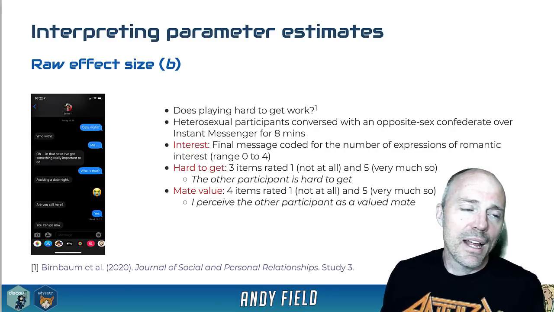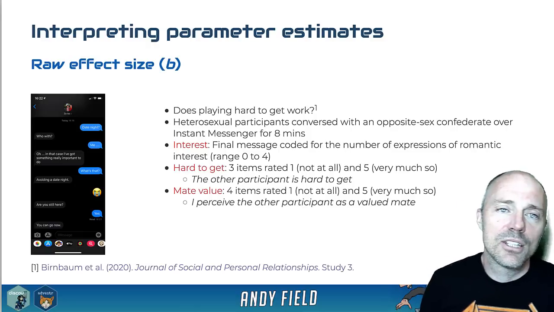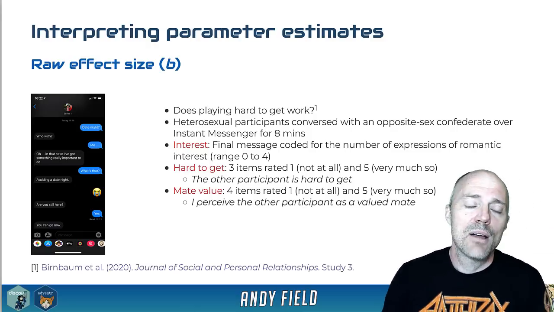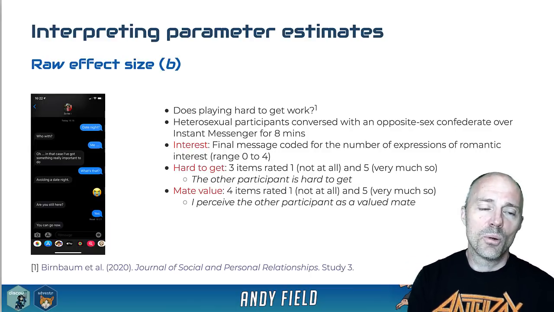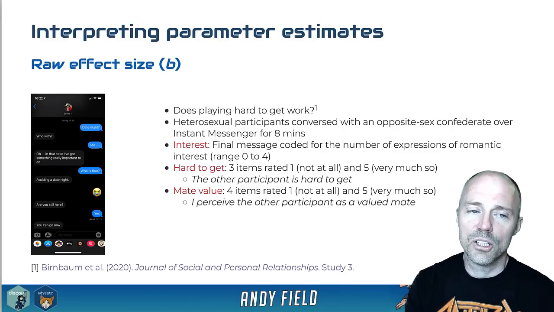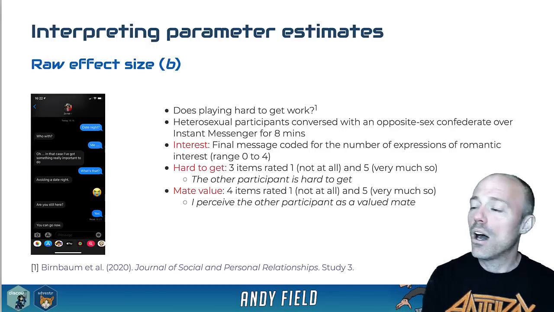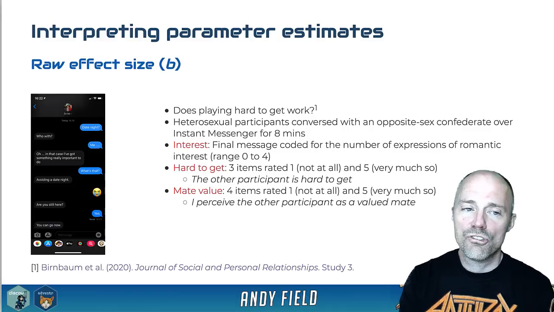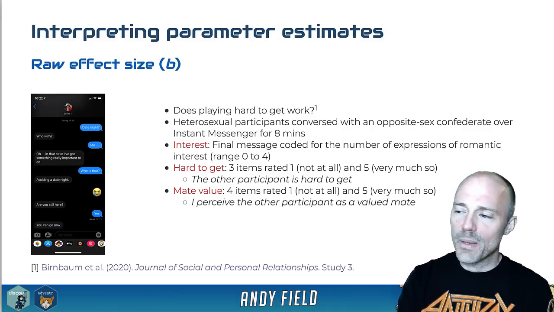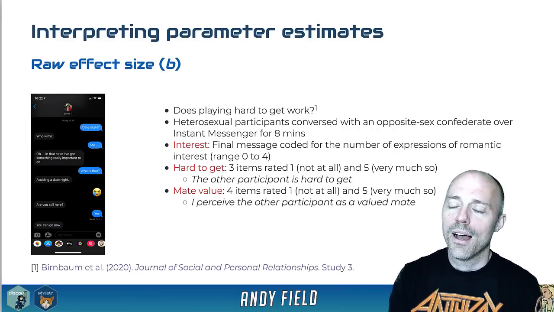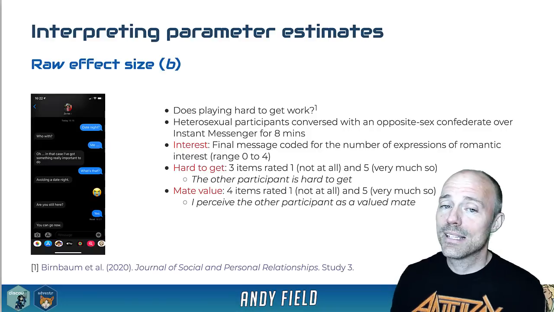Okay, just to close off, we're going to have a look at how we interpret these. Having estimated these parameters and their intervals, how do we interpret them? We've got an example here of some real data from a study that looked at whether playing hard to get in a dating context was a good strategy. Broadly speaking, they had some participants chatting over instant messenger.